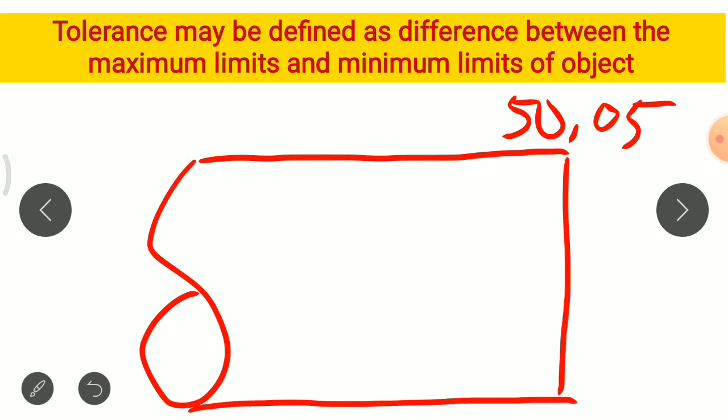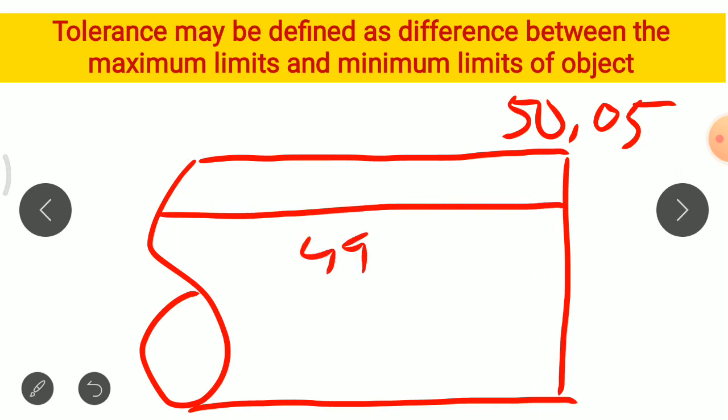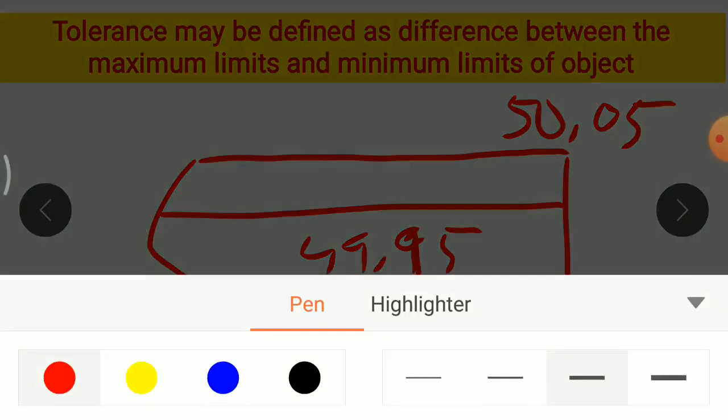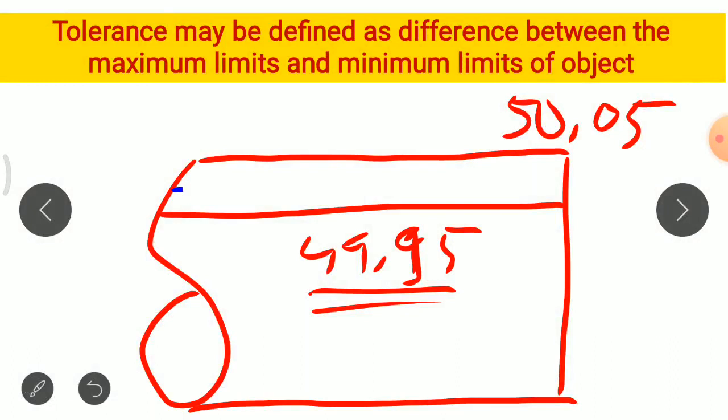And the second value is 49.95 mm. Up to 49.95 mm we can manufacture different shafts. In between we have the basic value, that is 50 mm.